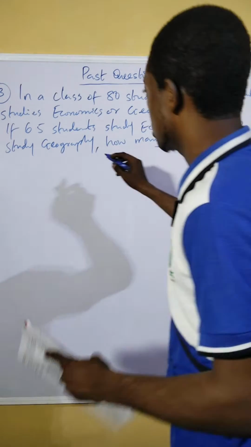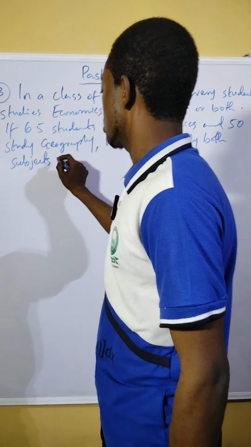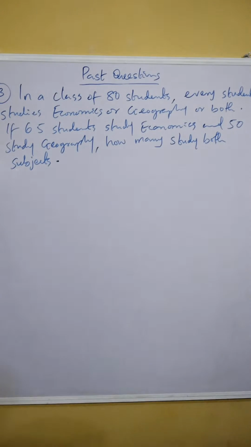So this is a set problem using Venn diagram, a 2 set problem.